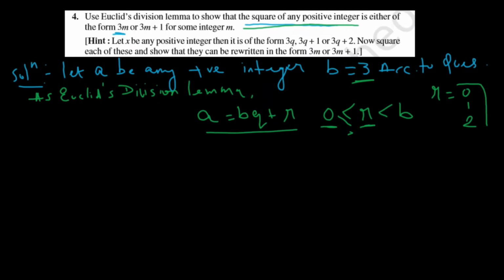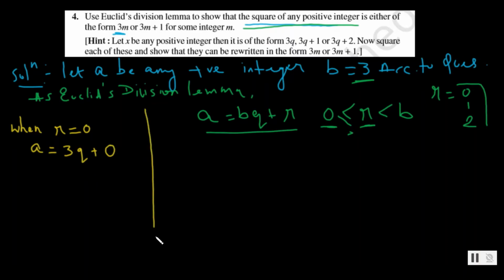Okay, so when r is equal to 0, again putting the values, what we will get is a equals 3q plus 0. Instead of r, we are putting 0.